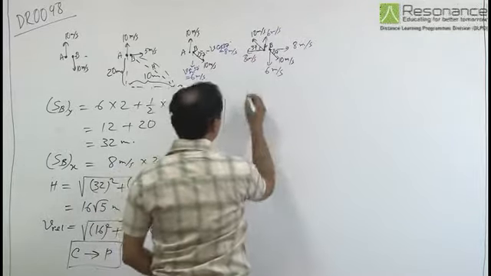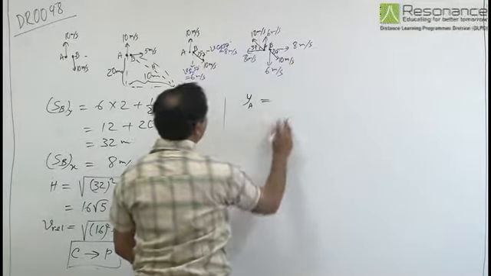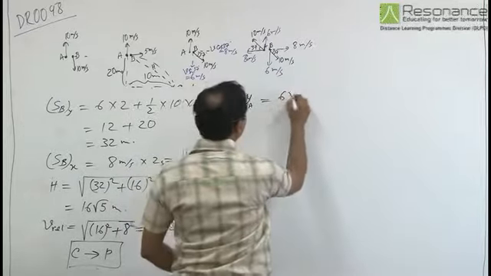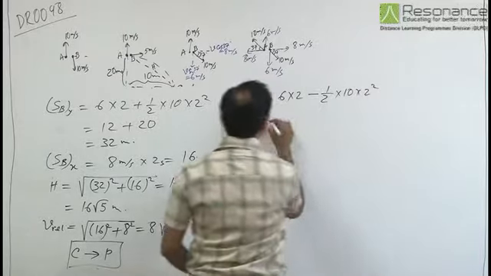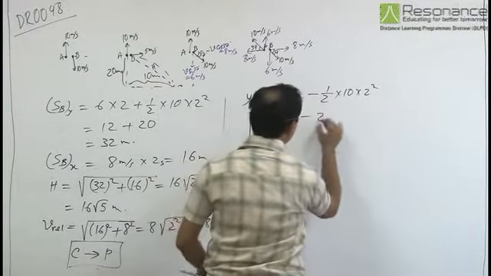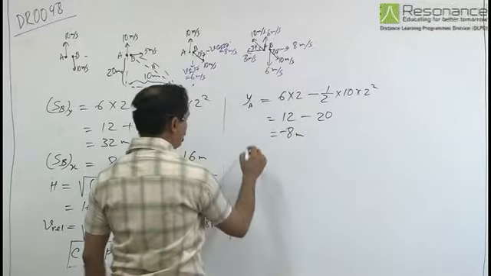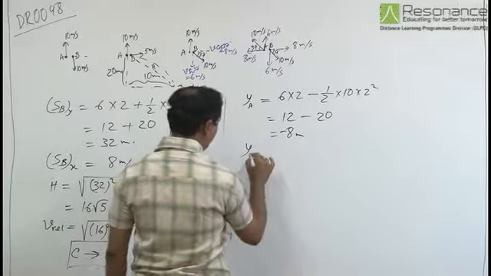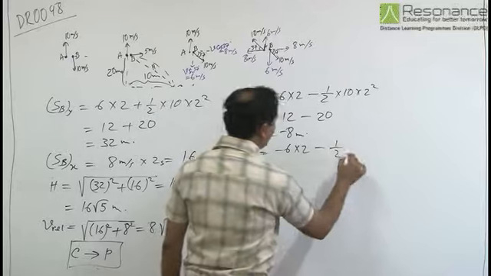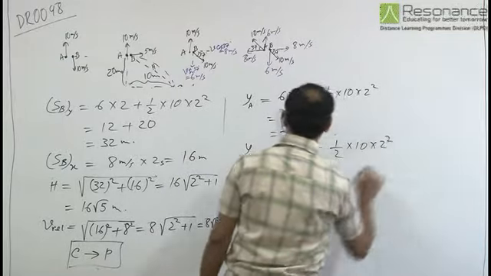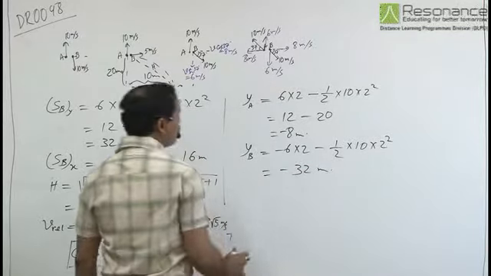In vertical direction, the distance traveled by A in vertical direction is equal to 6 into 2 minus half into 10 into 2 square, that is 12 minus 20, that is equal to minus 8 meter, whereas distance traveled by B vertically is minus 6 into 2 minus half into 10 into 2 square, that is equal to minus 32 meter.